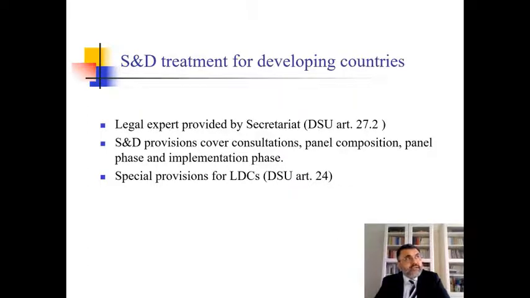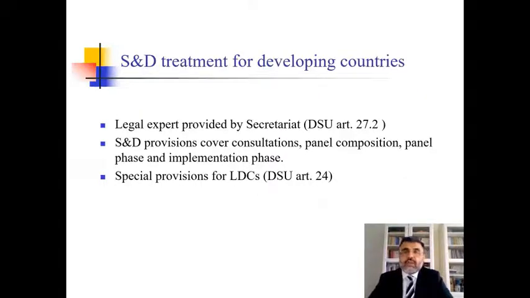One thing that should be underlined about compensation or retaliation is that they are both temporary measures under the DSU. Neither compensation nor retaliation by the complainant may replace compliance with the DSB findings and recommendations in the relevant panel and/or Appellate Body report.